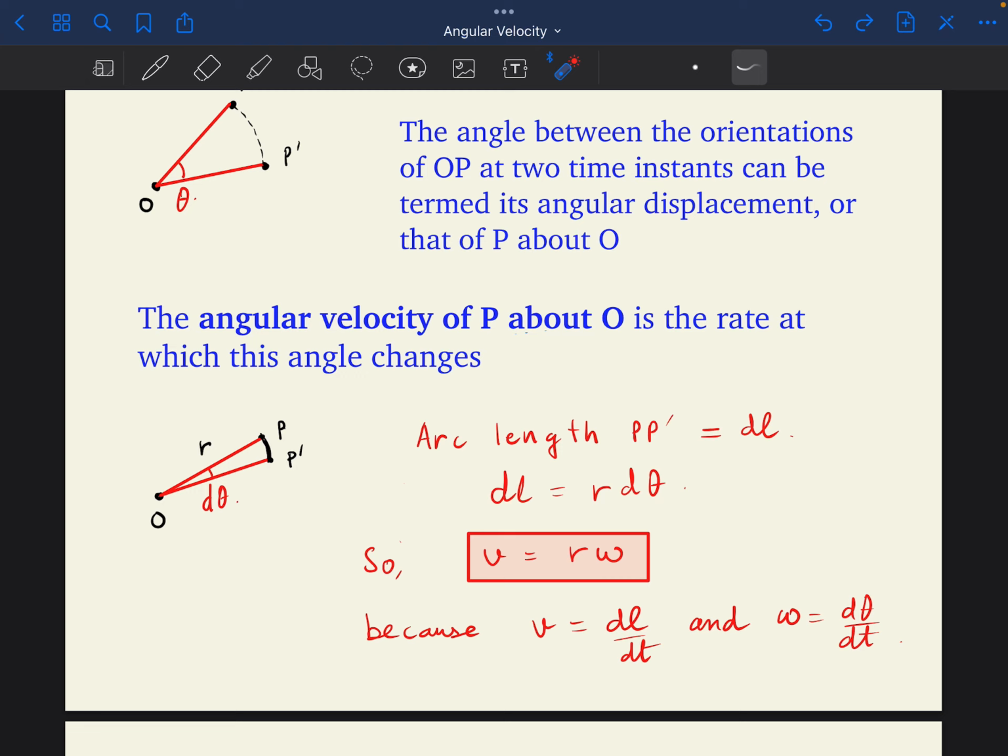So angular velocity is a new thing for us. We have defined it as the rate of change of angular displacement of a point when it is moving in a circular path. This is the simplest definition of angular velocity. And using this calculation, we reach the relation that the linear speed is radius times angular velocity, which is quite well known.